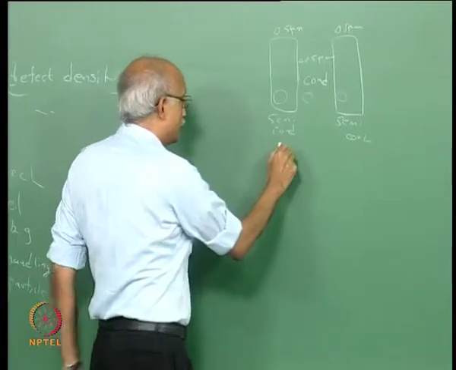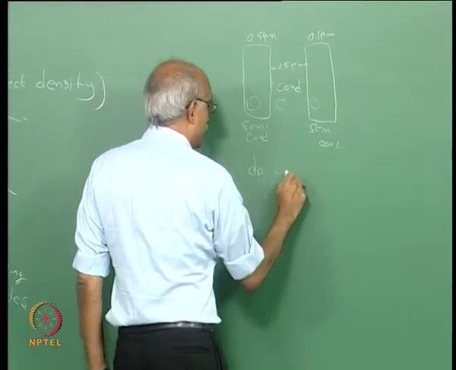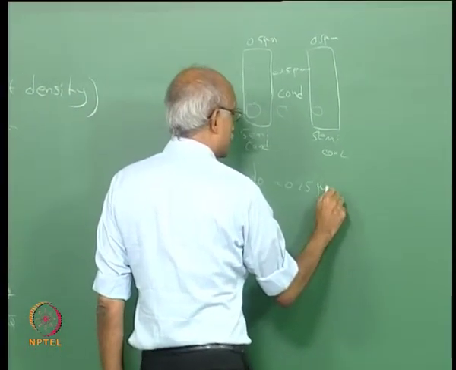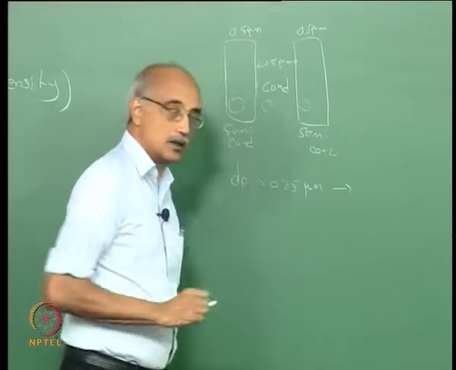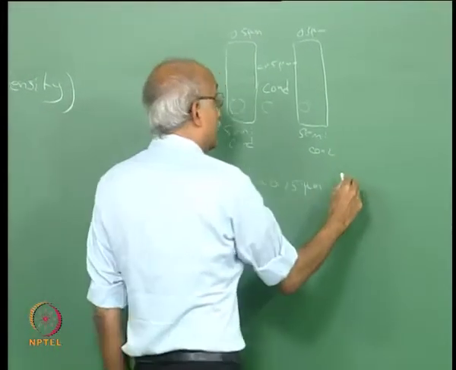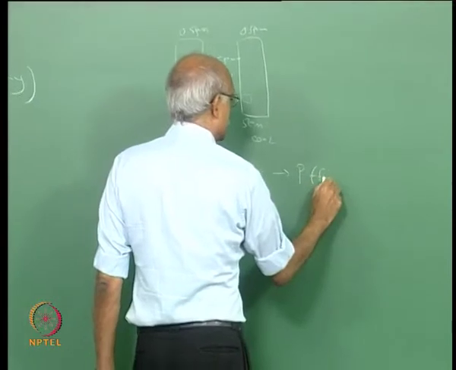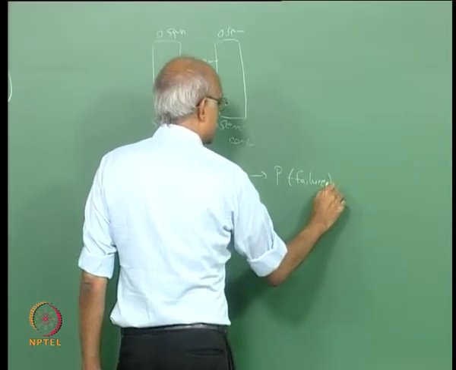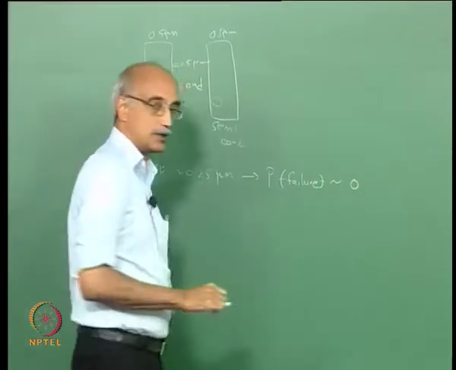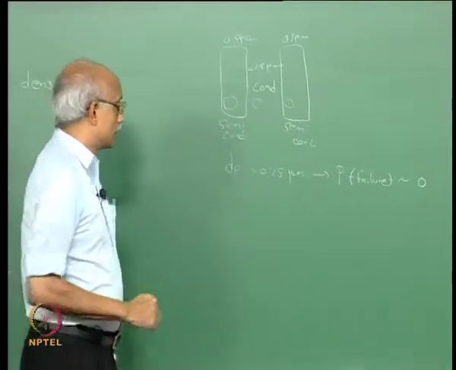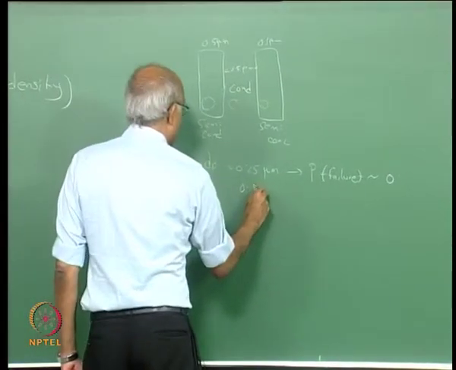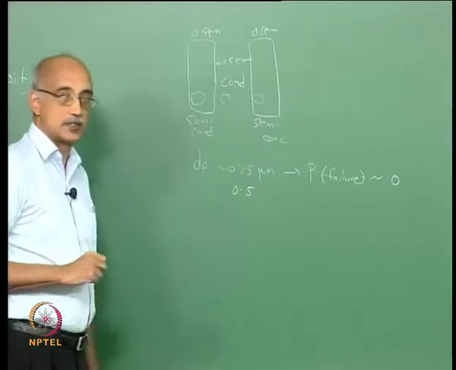So if dP is of the order of 0.25 microns, the probability of failure is approximately 0. Supposing now this increases to 0.5 microns, then what happens?